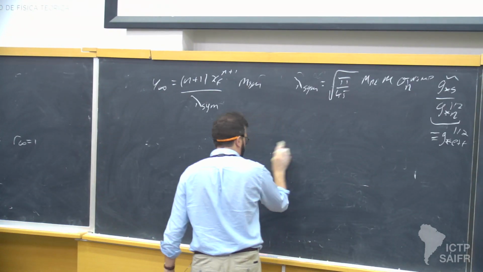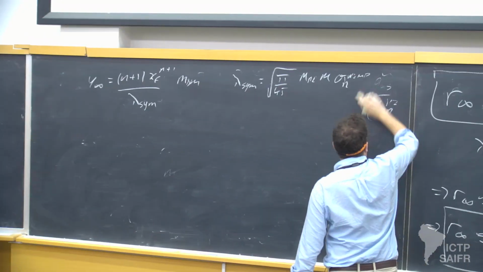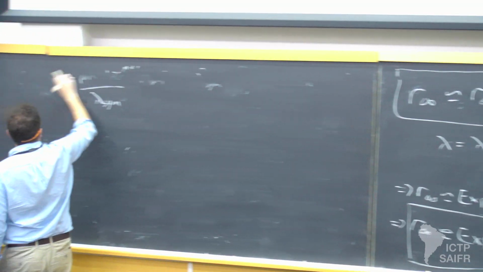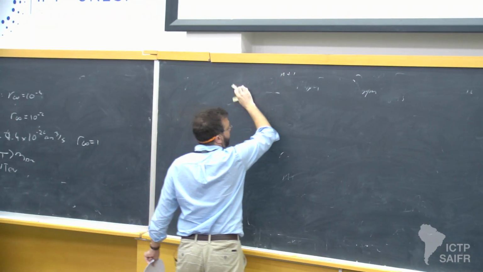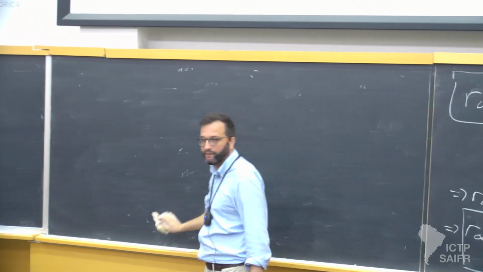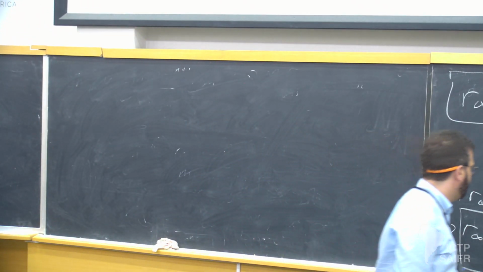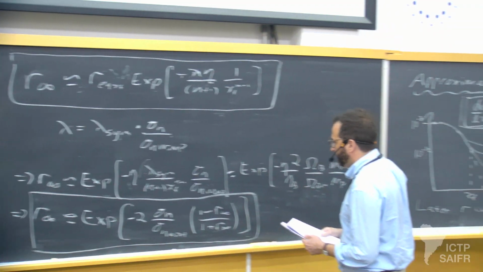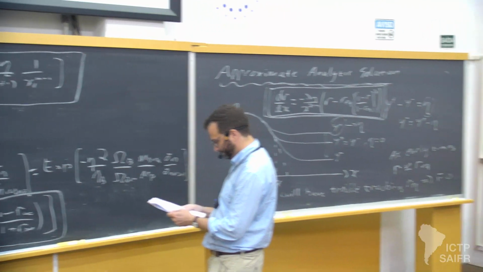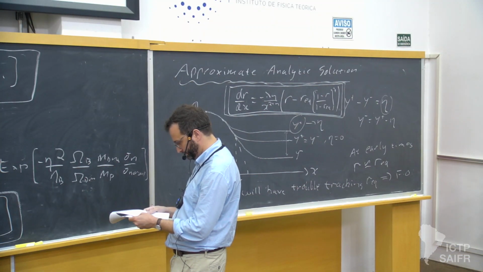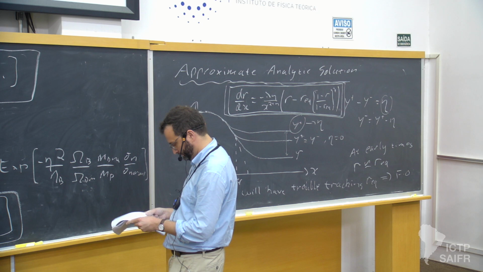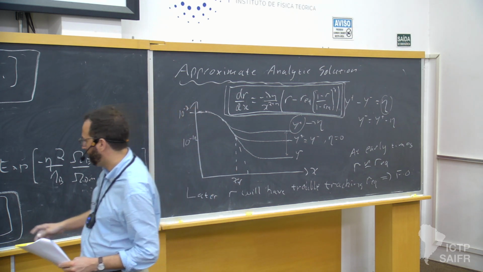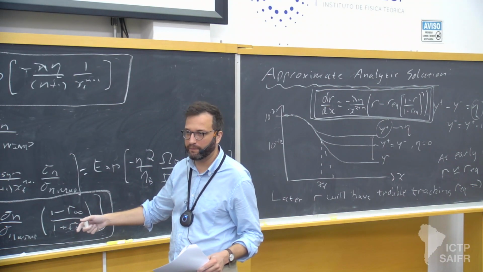So the consequences of this, huh? Is this independent of eta? Yeah. So we've cancelled off eta by requiring the correct relic abundance.